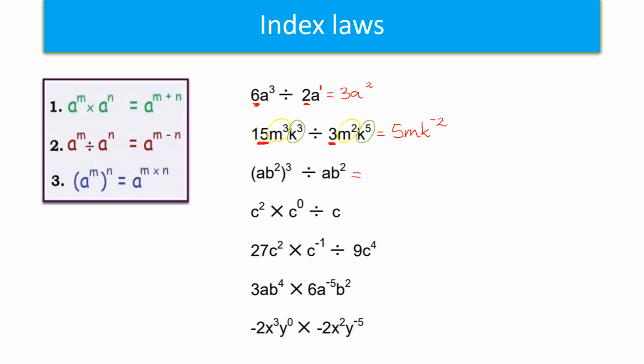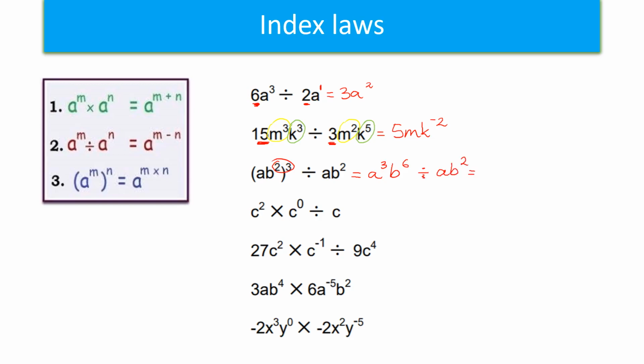The next one, I'm going to deal with the bracket first. So it's a. Now remember that a is also raised to the power of 3. So it's a to the power of 3 and b to the power of 6. And that's divided by a b squared.